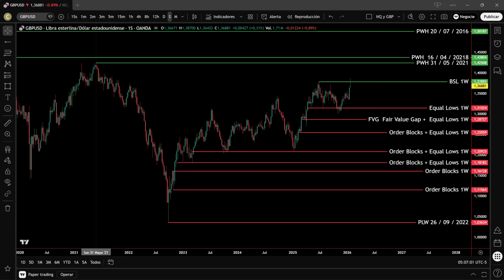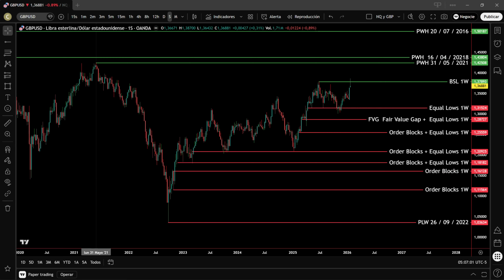We are switching assets to analyze the British pound against the US dollar. On this weekly timeframe, we observe a highly interesting technical structure rich in liquidity levels. Following a sustained recovery from the historical lows of 2022, the price has left a trail of significant support levels. On the upside, our primary medium-term target is located at the weekly buy-side liquidity near 1.378.